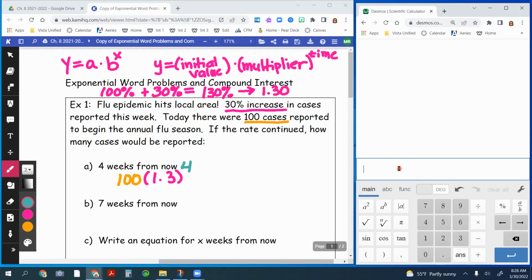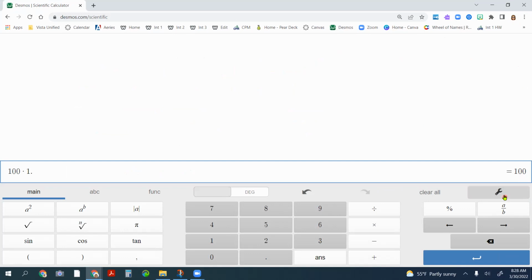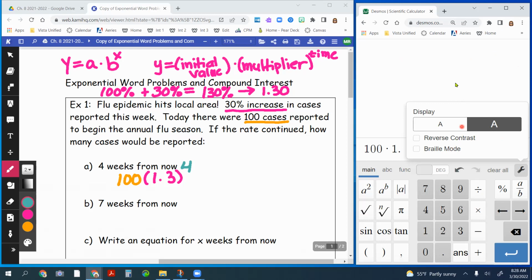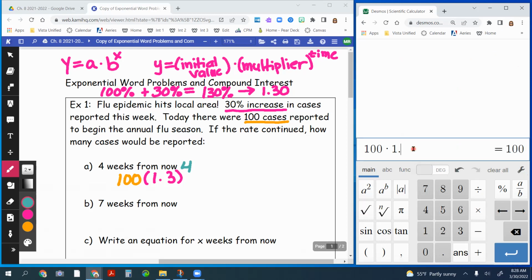This is going to be 100 times 1.3 raised to the power 4.